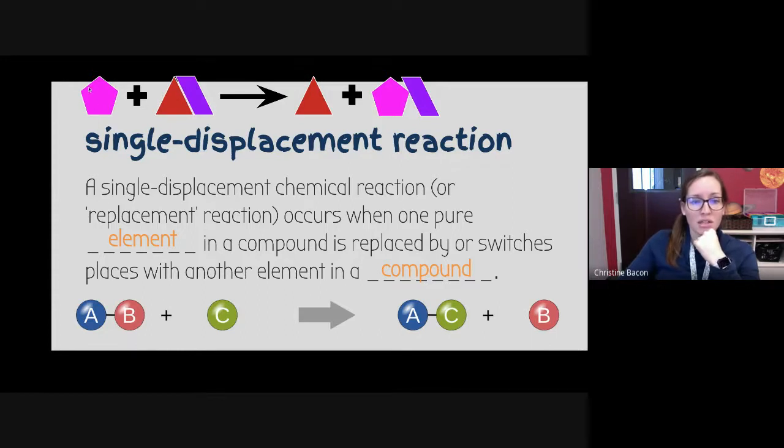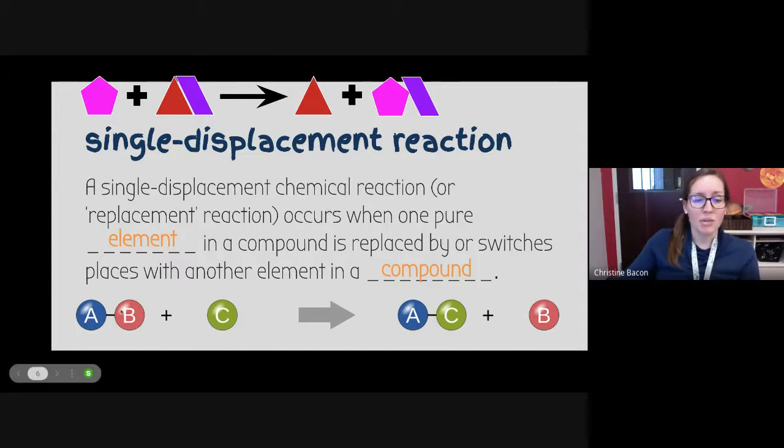So think of these as elements that are bound to, this for instance is in a compound with another element. So these two switch places, and now this red triangle is the pure element, and the pink one is the one that has formed a bond with this purple polygon.